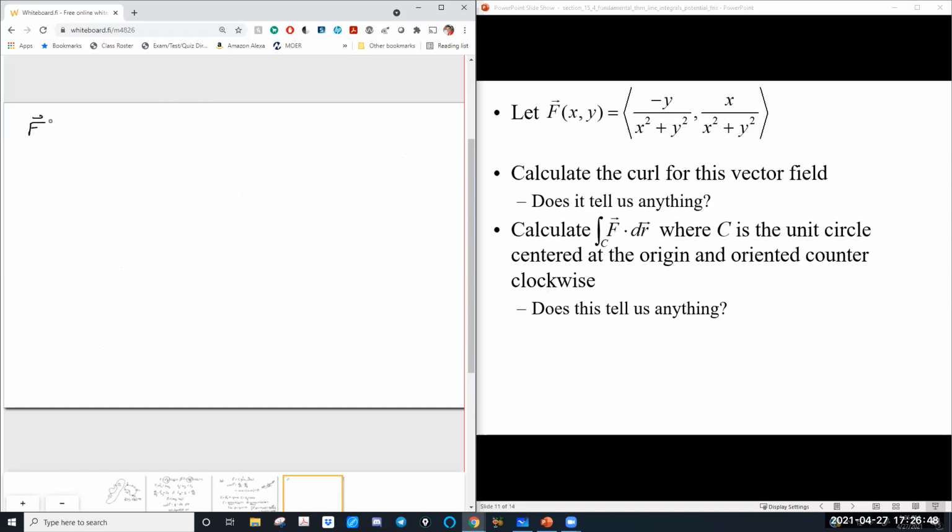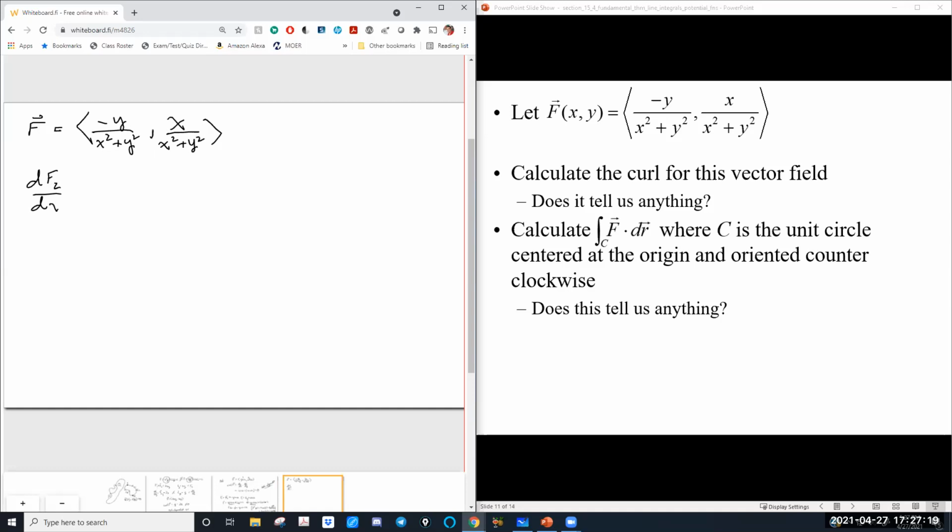So we have the vector field negative y over x squared plus y squared, and x over x squared plus y squared. So that's our f1 and that's our f2. So when we do the mixed order partials, I'm not going to go through all the steps on this because there's actually something I want you to see.